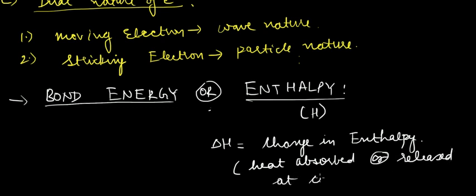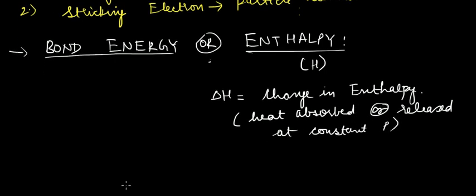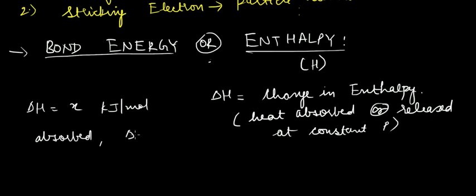So let's say if delta H is x kilojoule per mole, and if energy is absorbed, then obviously delta H should be greater than 0, or x should be greater than 0, and if the energy is released, then delta H would be less than 0.